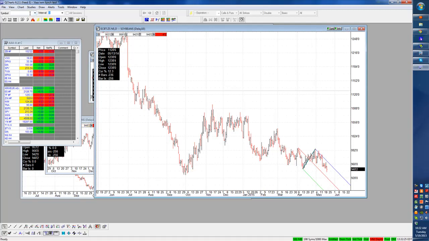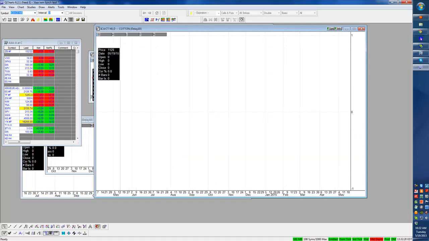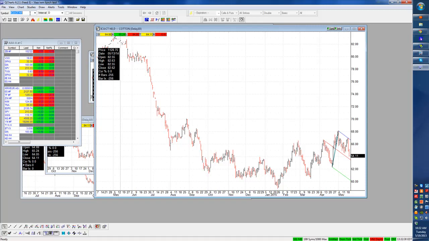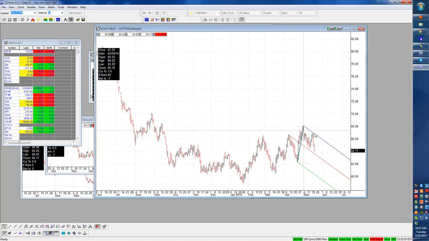Let's take a look at cotton. Cotton did a nice reversal, and I'm sitting in there, and it's just doing what it's doing. Let's take a look at Swissy.